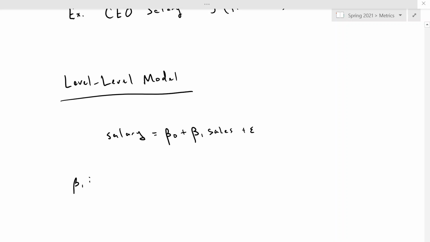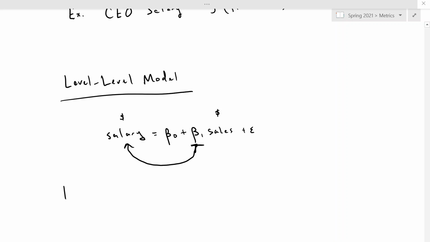Beta 1 is interpreted as we know. To keep things simple, if sales is measured in dollars and salary is measured in dollars, a $1 increase in sales is associated with a beta 1 dollar increase in CEO salary.